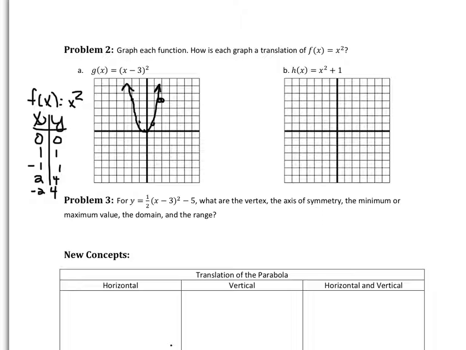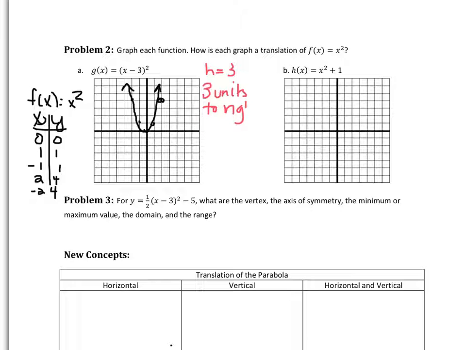Let's look at the equation g of x equals x minus 3 squared. So we know that we have a horizontal translation, we have that x minus h formula there, and the pattern x minus 3 squared would dictate that we have to move 3 units to the right.